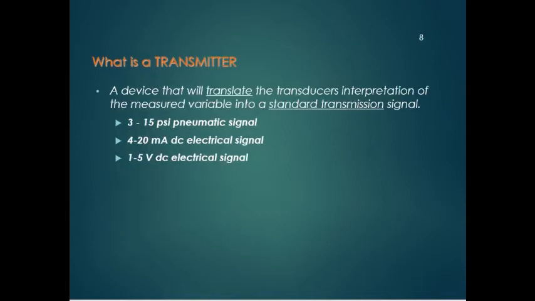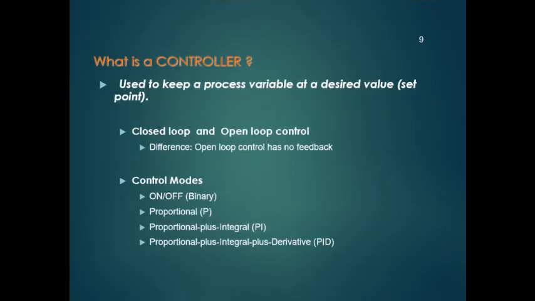Those are transmitters basically, and they are connected to controllers. Controllers are used to keep the process variable at the desired value. Those are open loop or closed loop controllers, with various types of modules: on-off, proportional action, PI controllers or PID controllers.